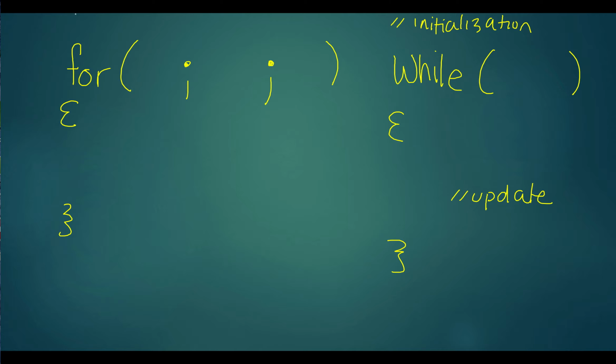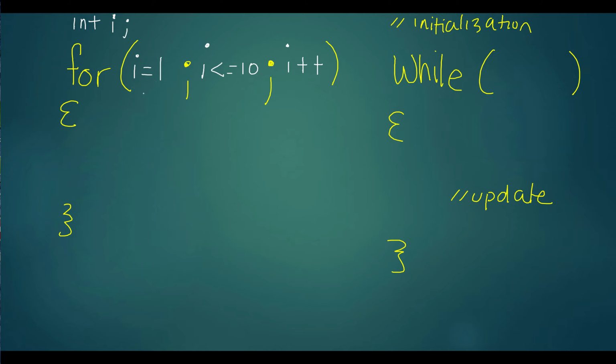We have to declare our iterator, which would be int i. In the for loop, if we want our loop to go 10 times, I'm going to start from 1 and go up to 10. We would say for i less than or equal to 10, and i is going to start at 1 and go up by 1 every time.